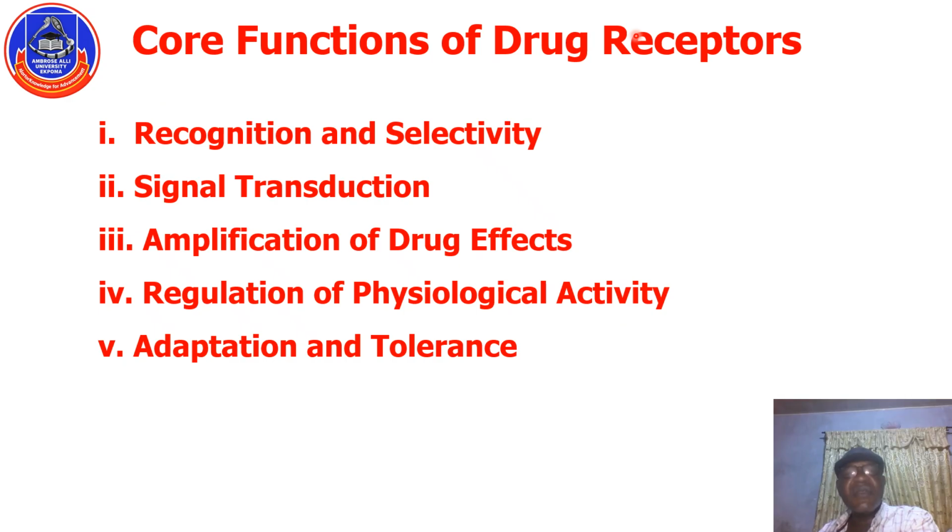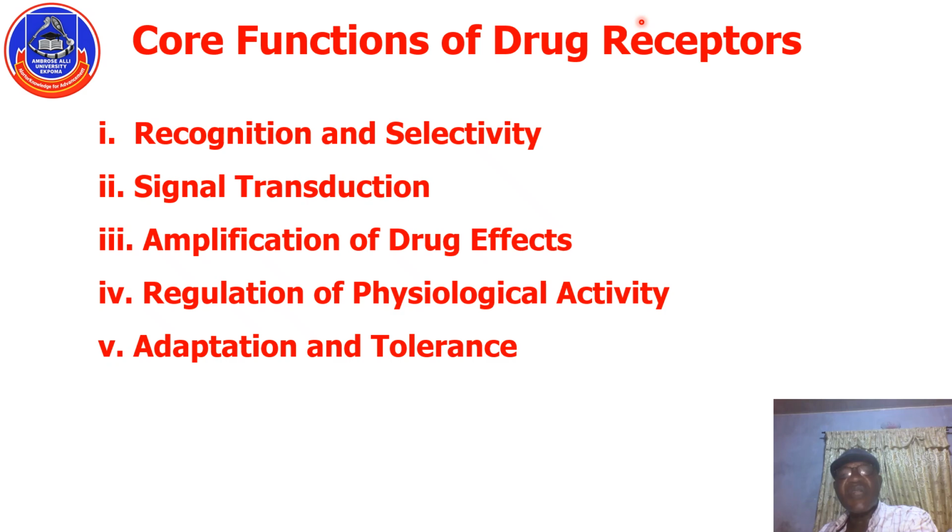If we are to mention recognition and selectivity, what do they imply? That alone is where drugs ensure that specific targets are aimed, and it explains why one drug affects certain tissues more than the other.